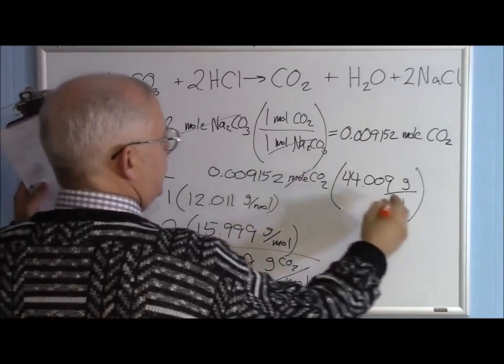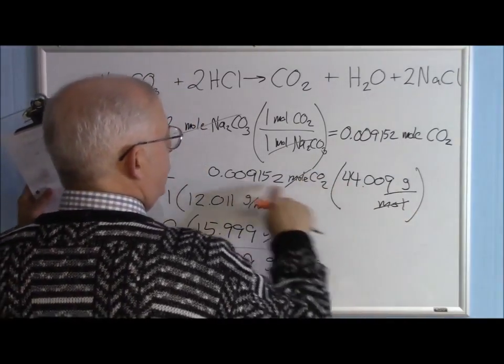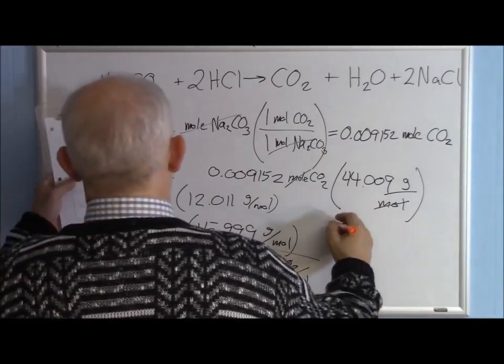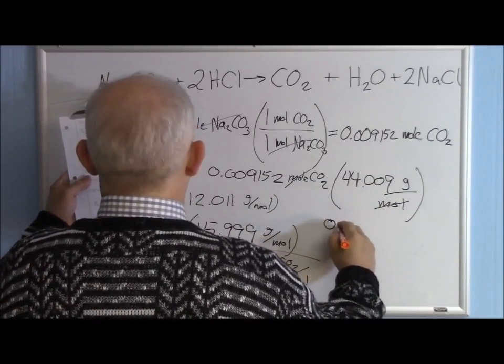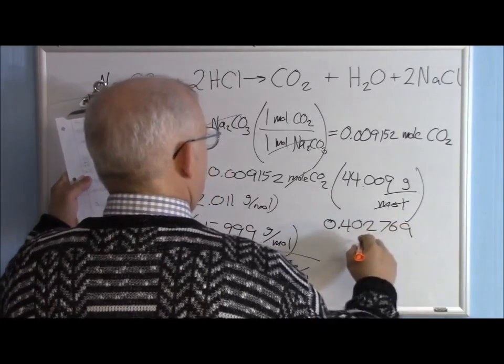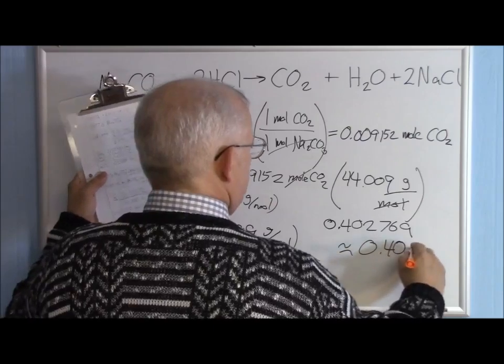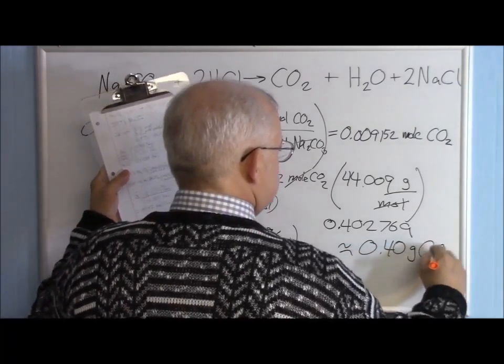Okay, moles cancels with moles. We end up with grams of CO2. So if we make this multiplication, we actually get 0.402769, which we'll call 0.40 grams of CO2.